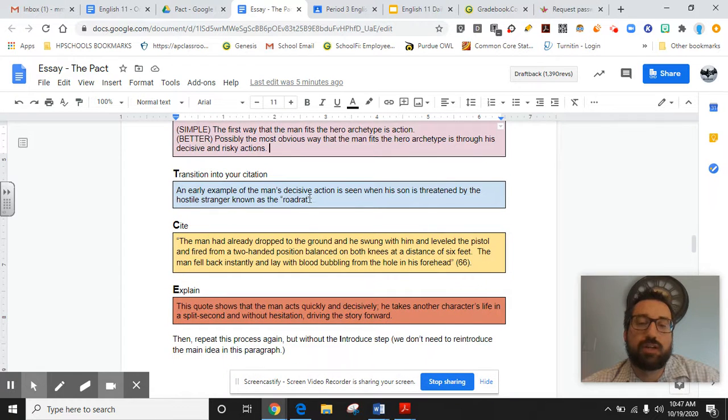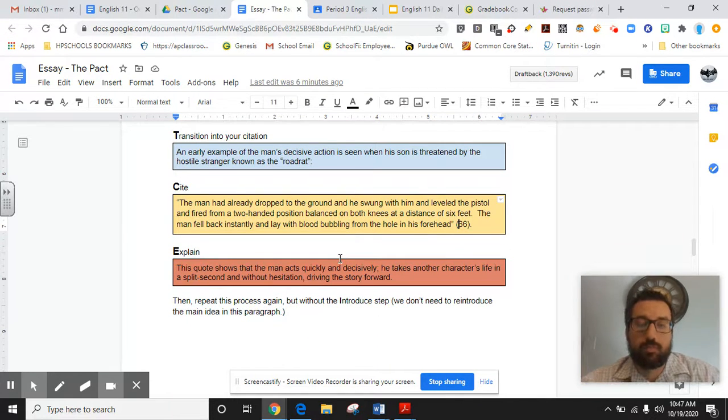Transition into your citation. Okay, you're using a transitional phrase before you jump into the quote. An early example of the man's decisive action is seen when his son is threatened by the hostile stranger known as the road rat. Okay, and then you would have your quote, your citation right after that. Here's the quote. Citation, you would want to add the author's last name here.